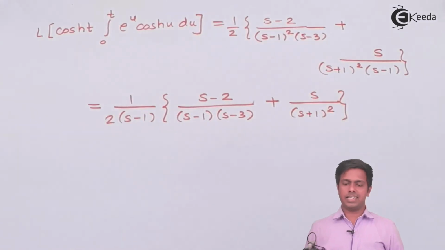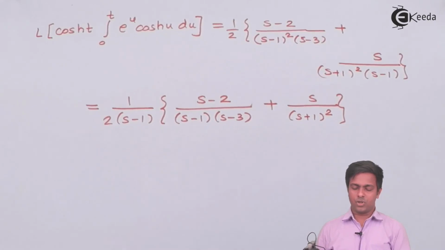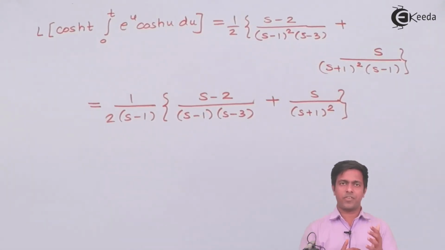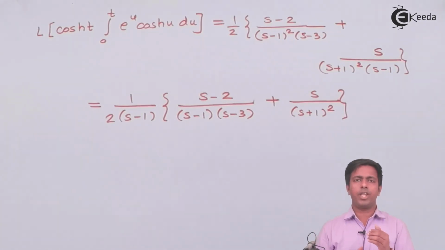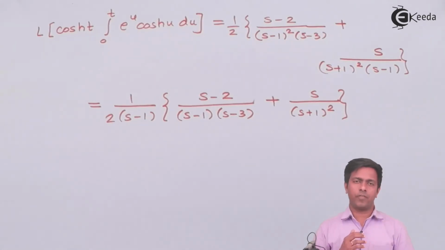And guys, this is nothing but the Laplace transform of the given function. So I'm sure that you understood how I've applied the Laplace transform of integral property along with the first shifting theorem, and how we got the different functions of s, and then we got the final function of s for the given function of t. Thank you.